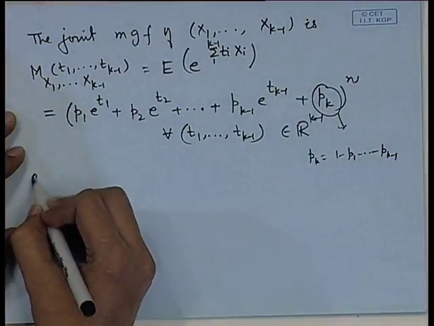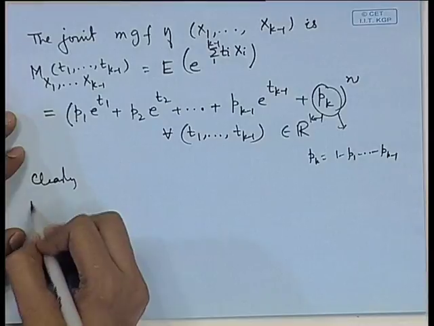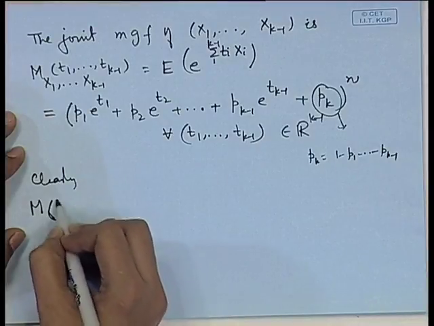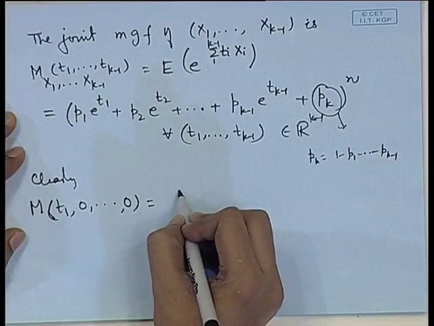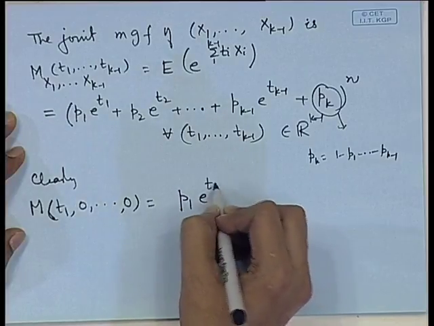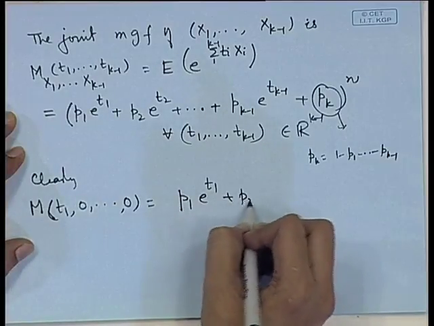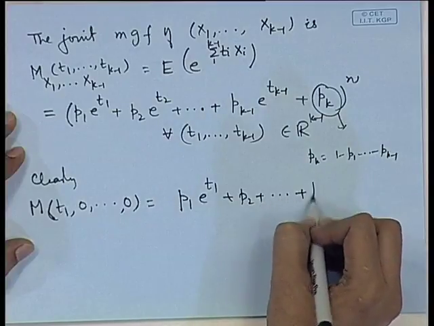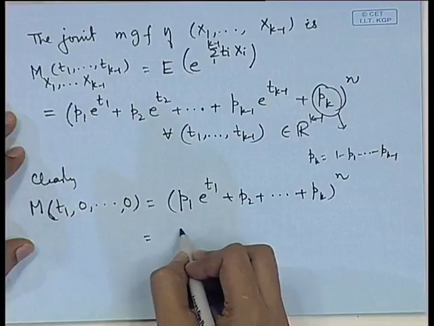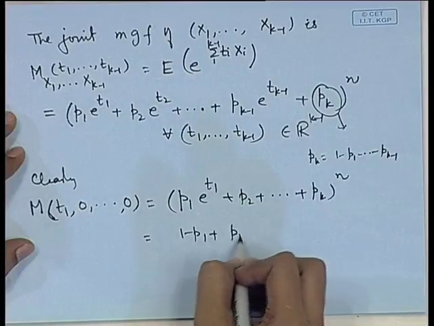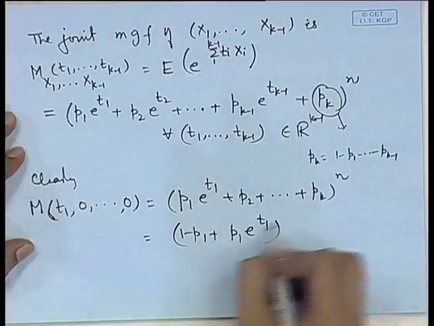So, clearly we can see that M(t 1, 0, 0, ..., 0) is equal to (p 1 e to the power t 1 plus p 2 and so on plus p k) to the power n, that we can write as (1 minus p 1 plus p 1 e to the power t 1) to the power n.